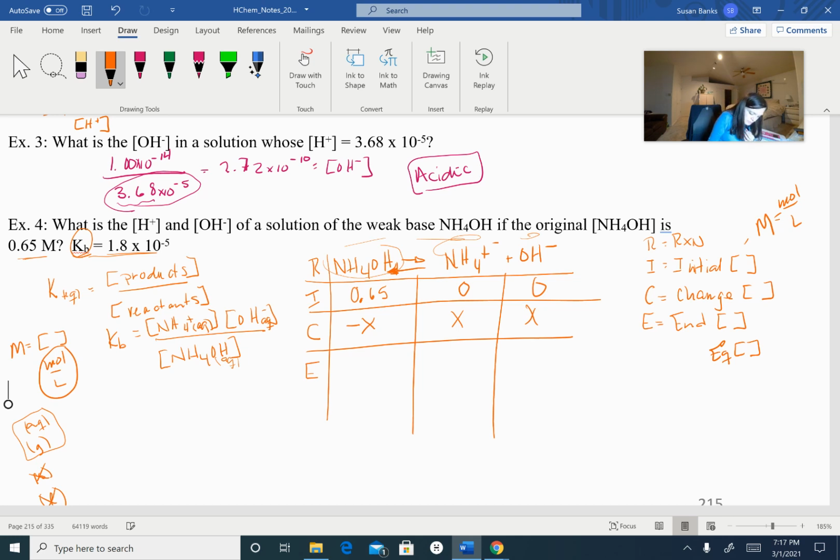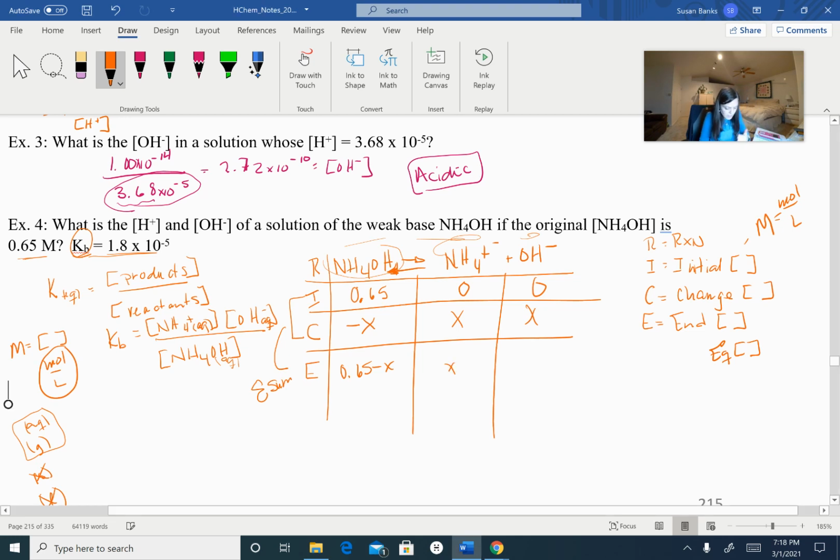So my equilibrium concentration is the sum of the I and the C line. I'm just summing it up. Okay, so I would have 0.65 minus X here. 0 plus X is just going to be X, and 0 plus X is still going to be X.